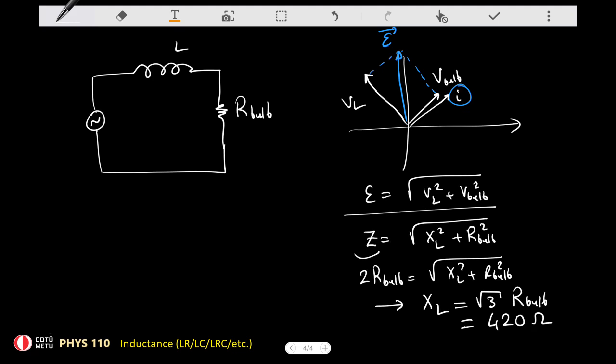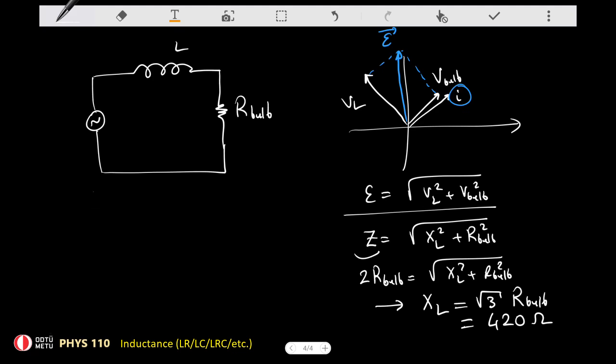It is less than twice the resistance of the light bulb, which is 480 ohms. But still, it is some magnitude. So the function of the inductor in here is to decrease the amount of the current that is passing over the circuit. So let's see how much inductance I need for that.